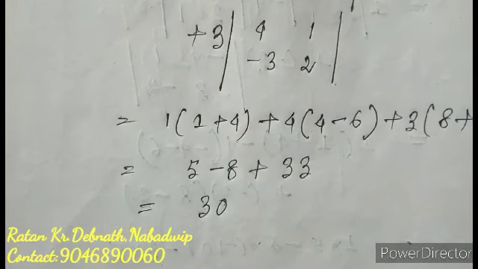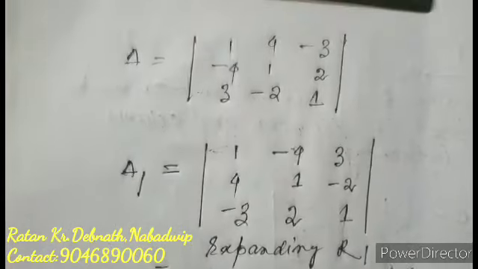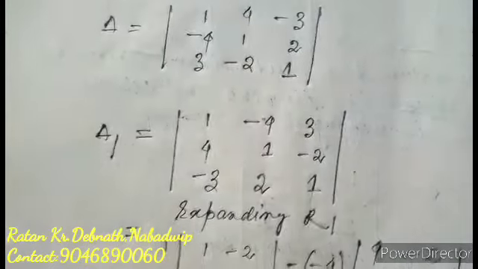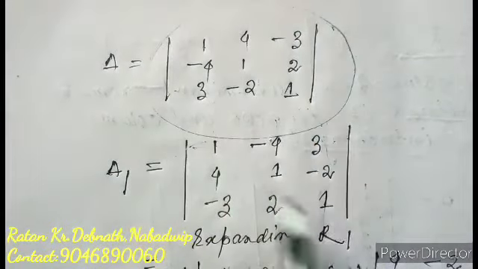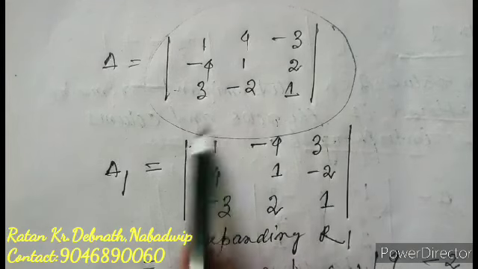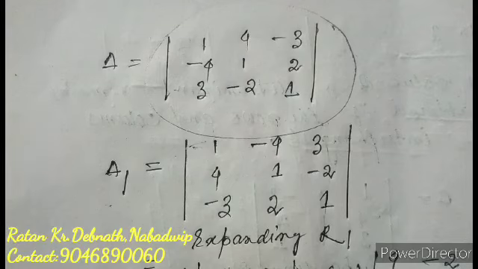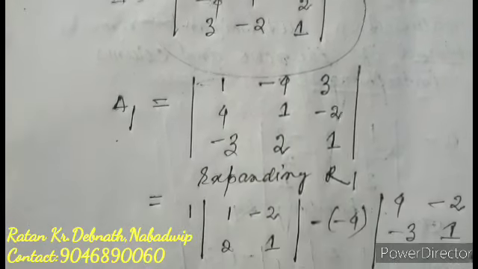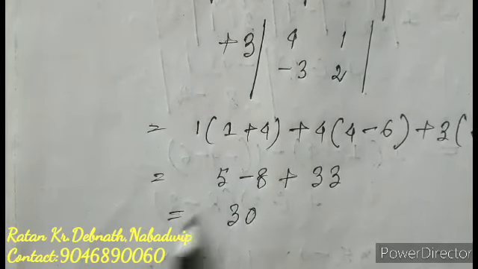What actually I wanted to show? Watch carefully. The actual determinant is like this, and interchanging its rows into columns, we get another determinant called delta 1. Expanding delta we already got 30, and expanding delta 1 we also got 30.